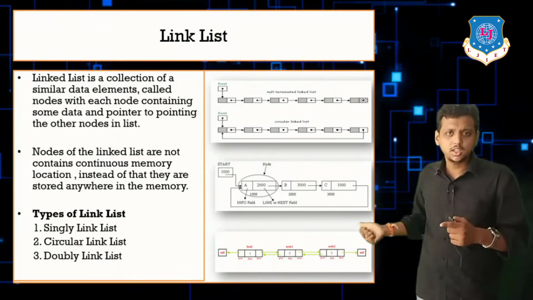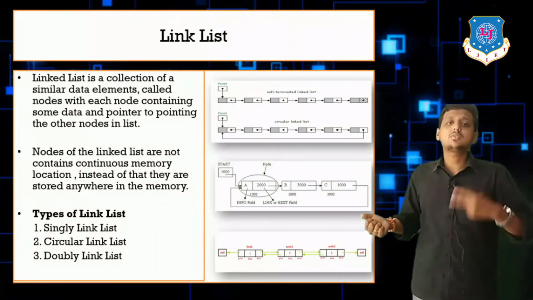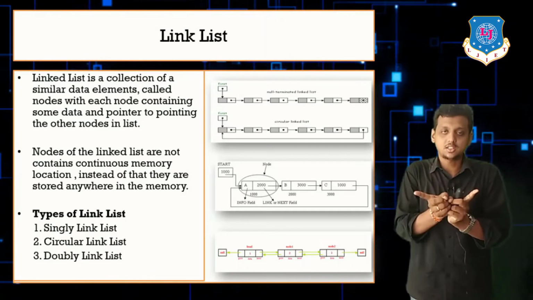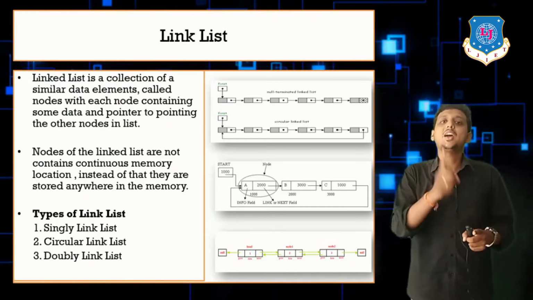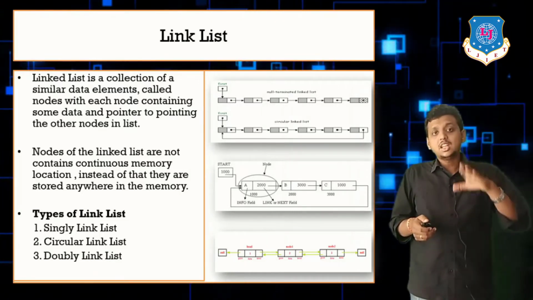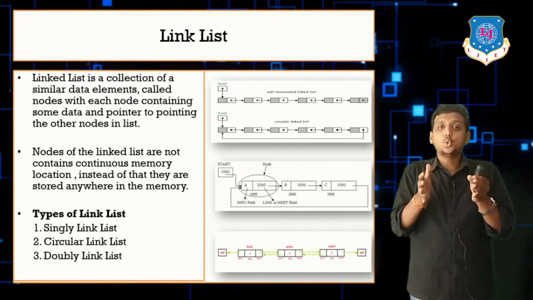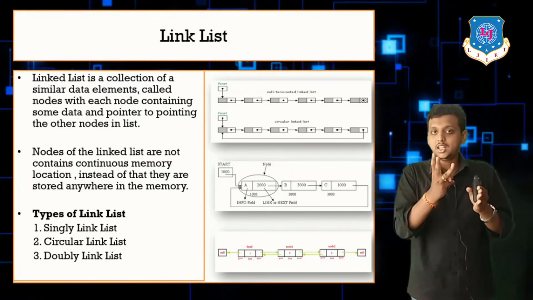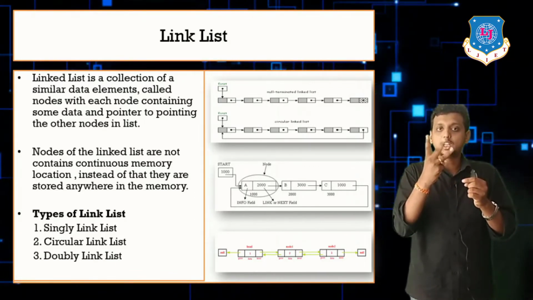But what happens in the doubly linked list? Here we have two different pointers, known as a left pointer and a right pointer. So in a doubly linked list, my node contains three things: one is data, and two other pointers.